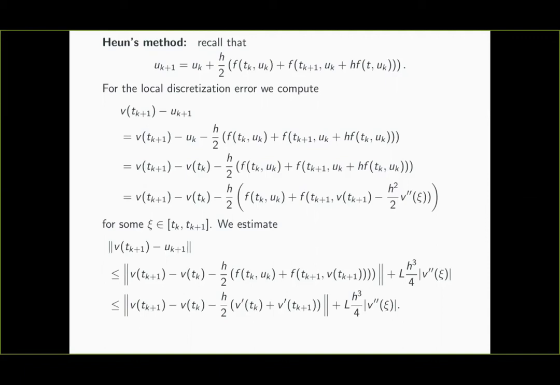So we see that u_k plus h times f(t_k, u_k) equals v at time t_{k+1} up to some error term h squared over 2 times v'' of xi, where as usual xi is somewhere in the time interval from t_k up to t_{k+1}. Okay, that instance of v(t_{k+1}) that we feed into f looks quite good. We just need to do something about the error term.